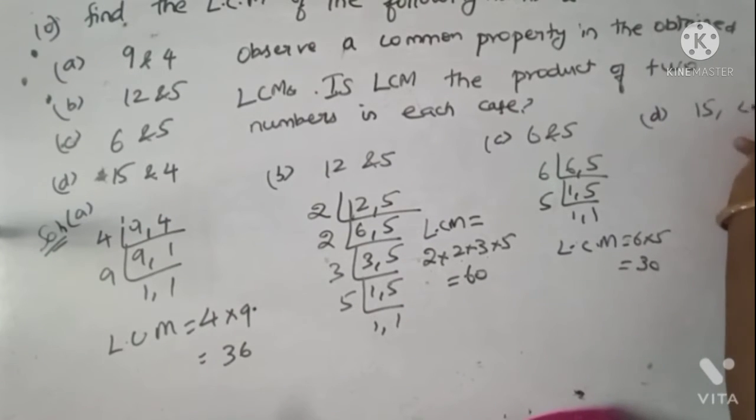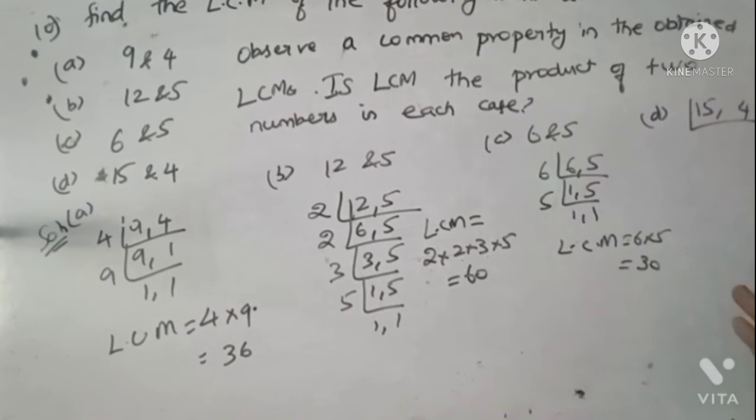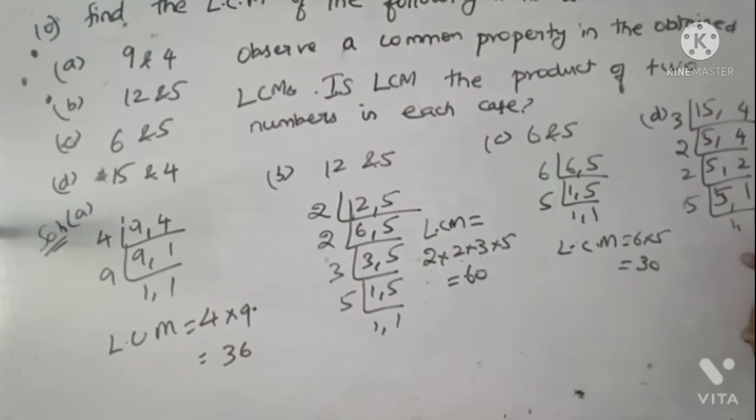Either you can use 15 directly or you can also use 3 tables. 3 5s are 15, 4 as it is, and then 2 tables. 2 2s are 4. Once again 2 tables: 2 1s are 2, and then with 5 tables, 5 1s are 5. So 3 into 2 into 2 into 5. 3 2s are 6, 6 2s are 12, 12 5s are 60.